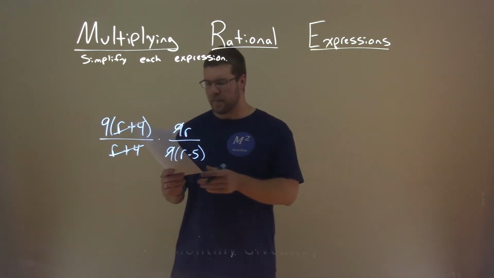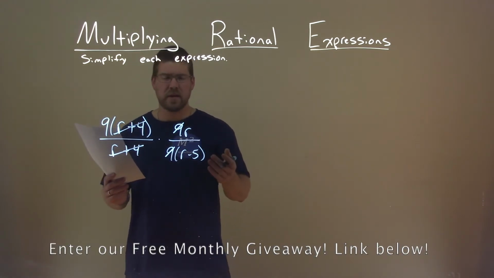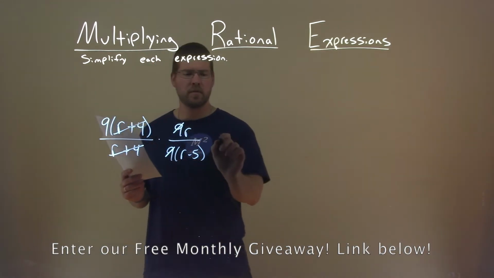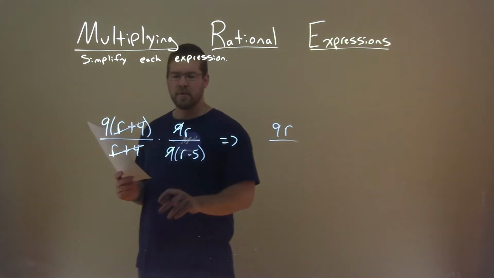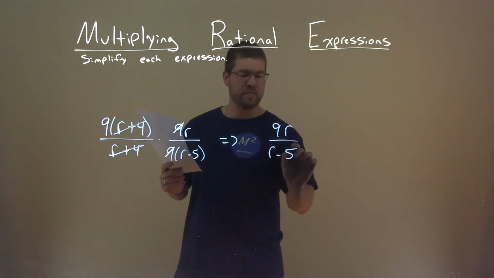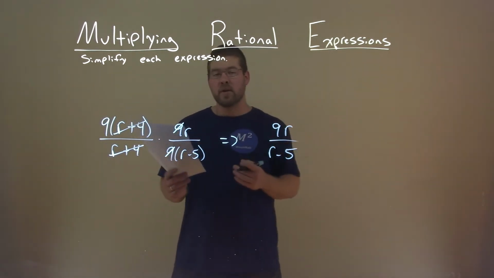They can cancel out. Other than that, I don't see anything else that can cancel. So let's multiply across the numerator. 9 times r is just a 9r. Denominator, we're left with just r minus 5. And so 9r divided by r minus 5 is our final answer.